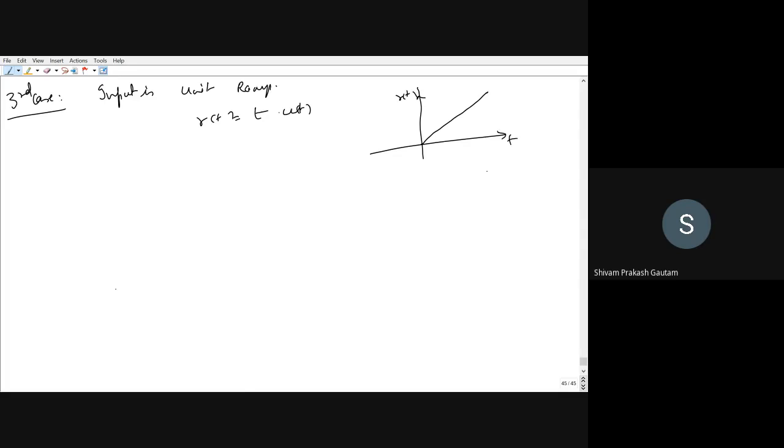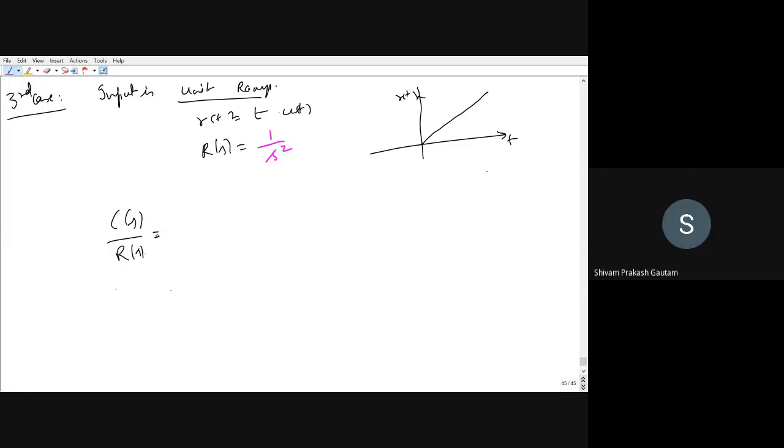And R of S, what is the Laplace transform of ramp? We have seen the Laplace transform of the ramp function. That is 1 by S square. We have seen this or not? Yes, sir.